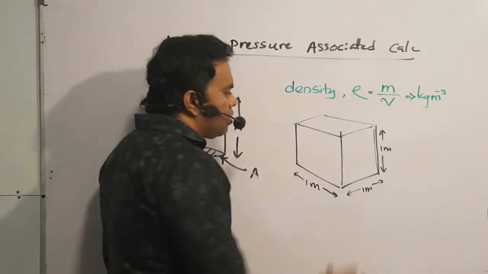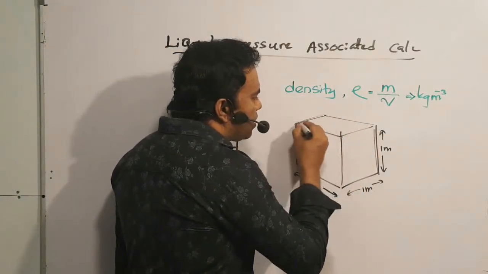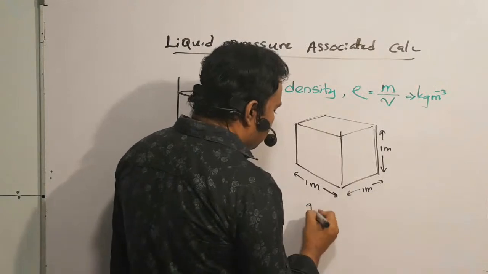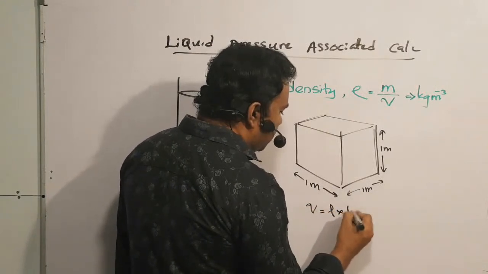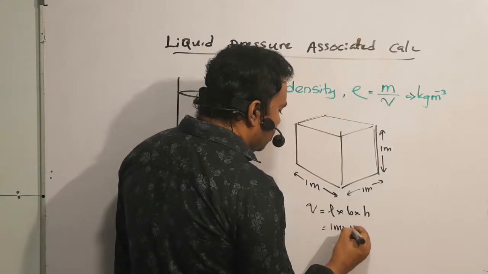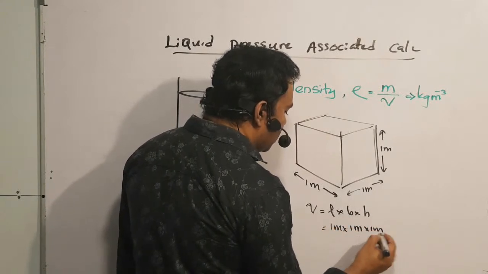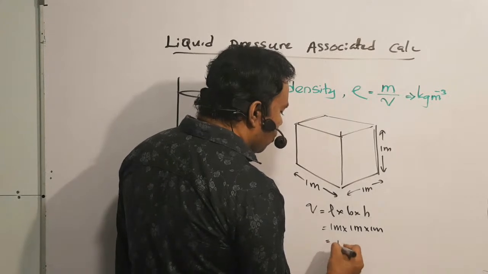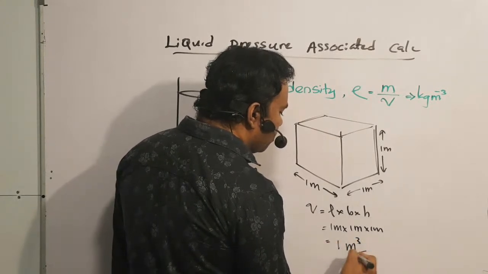Then the total volume of this is length into breadth into height. So 1 meter into 1 meter into 1 meter. So that equals 1 cubic meter.